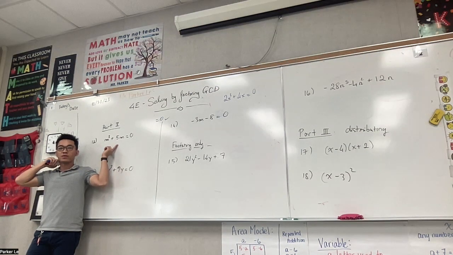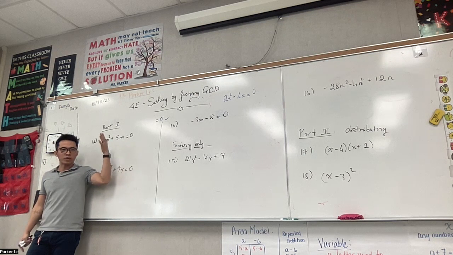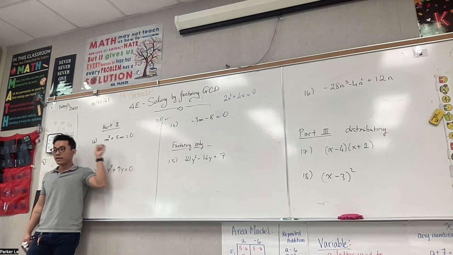You don't have any tool to solve this. Later on, you will handle this with the quadratic formula or completing the square, but we don't have those yet. So we're going to use the method we learned last lesson, which is factoring.